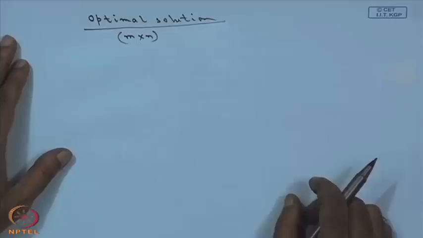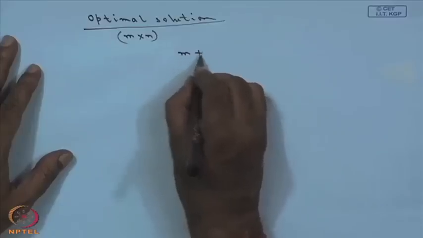Now, two things can happen. The initial basic feasible solution, whatever you have obtained, may be degenerate or it may be non-degenerate. The initial basic feasible solution will be non-degenerate if we have made exactly m plus n minus 1 allocations.